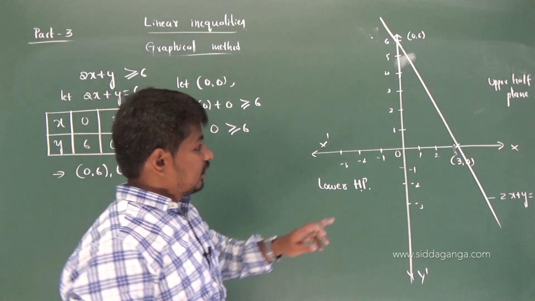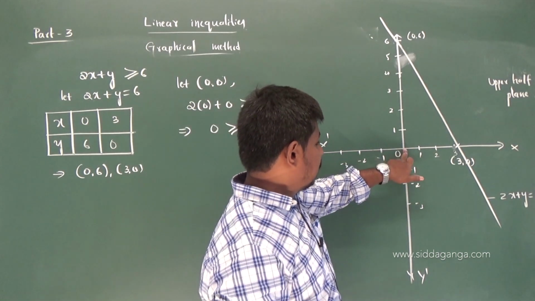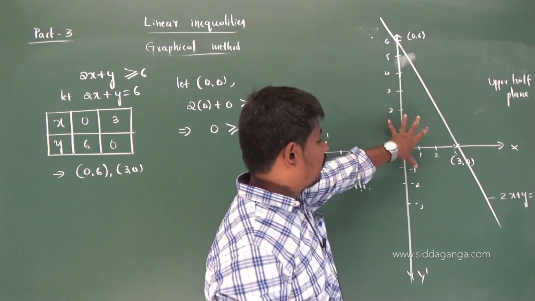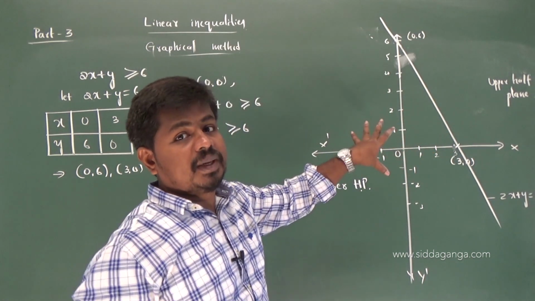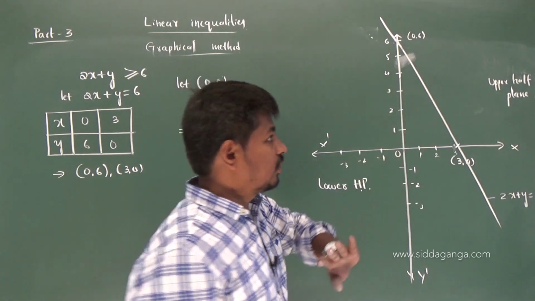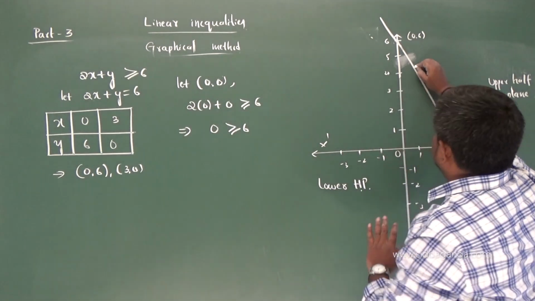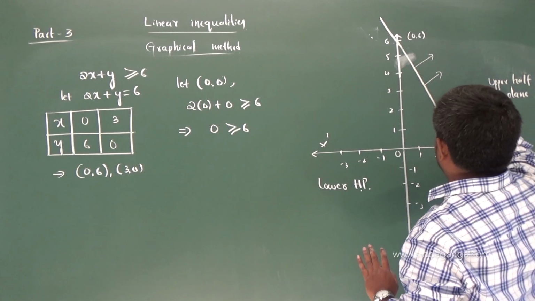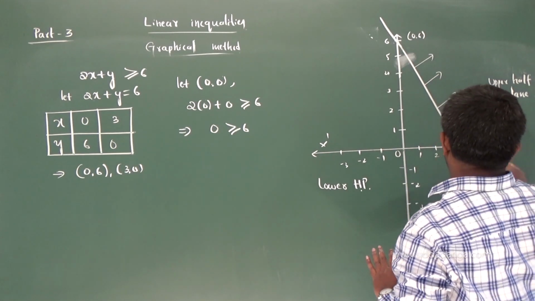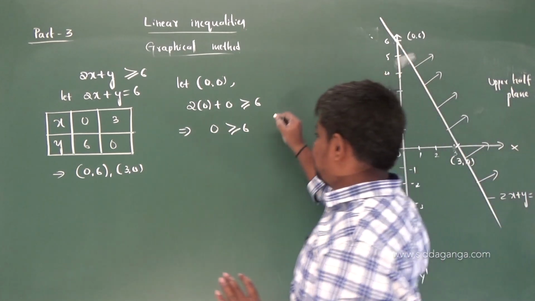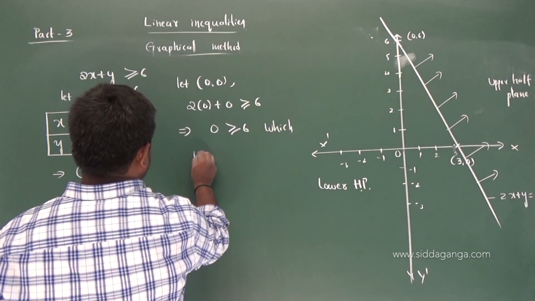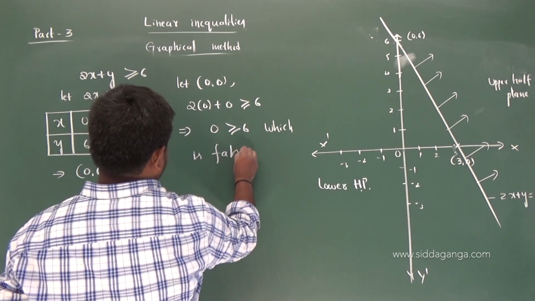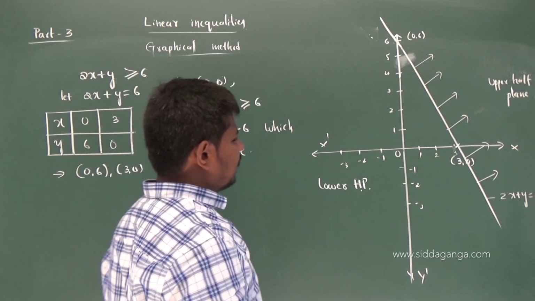You have taken 0, 0, that is from the lower half plane, so that will not become the solution region. The opposite plane becomes the solution region. You mean the upper half plane becomes the solution region, since the check was false.